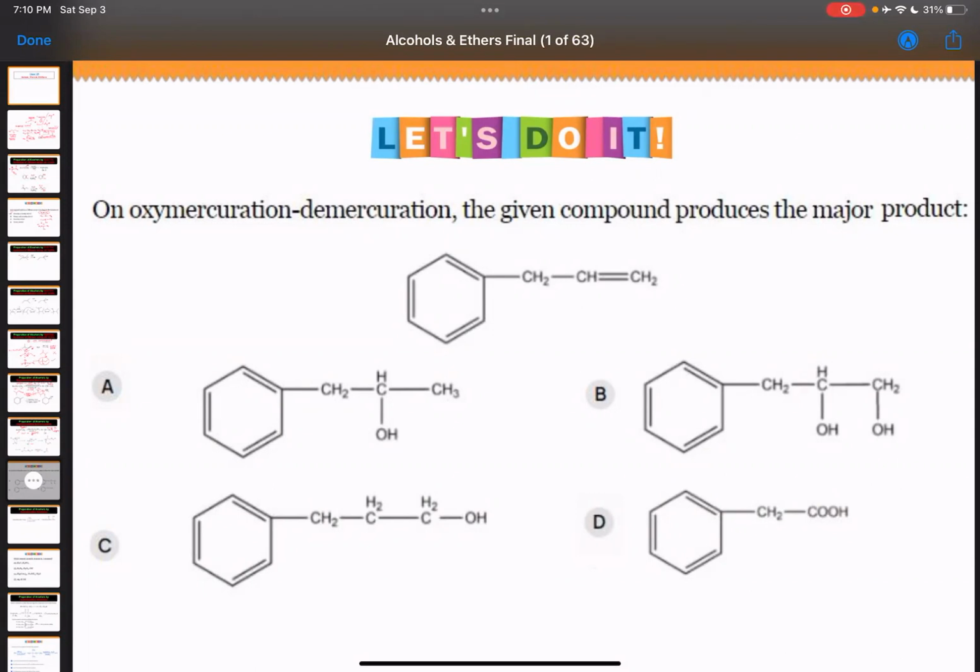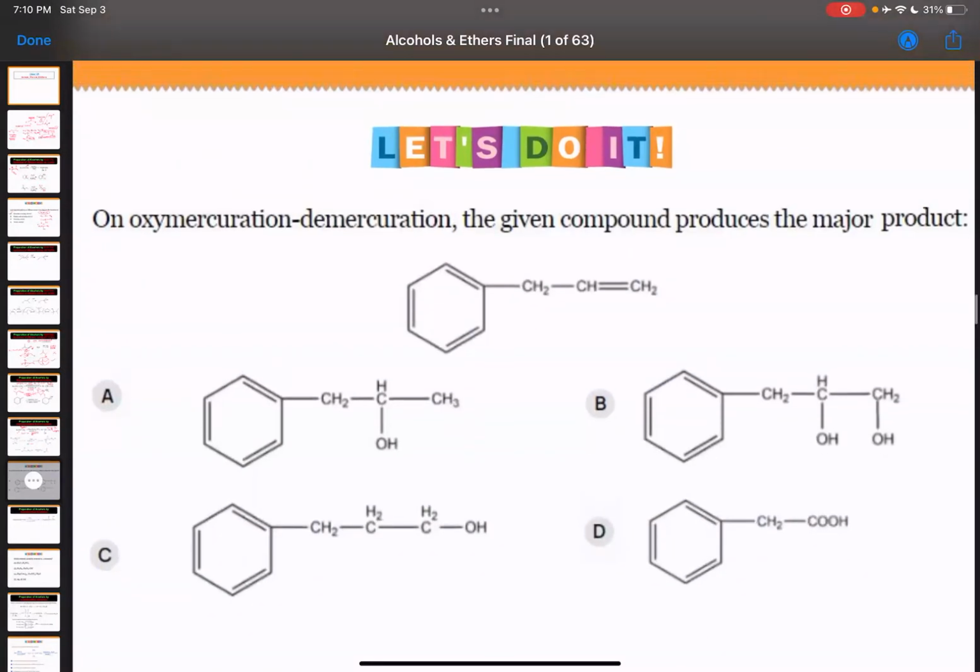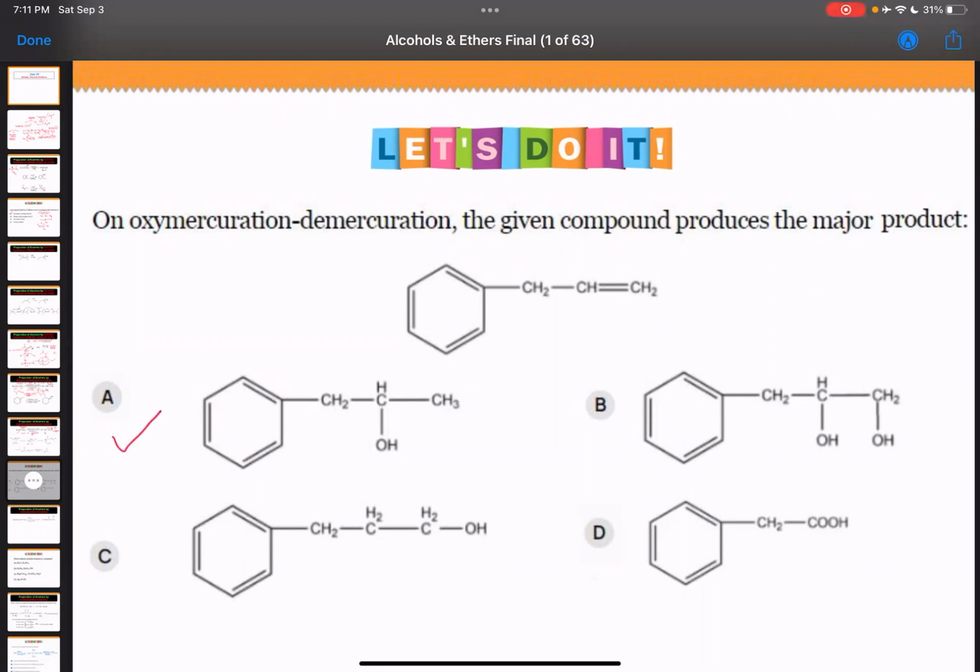So what's going to be the answer to this problem? Yeah. So A. Option A, correct. Right. Option A, because you just have to add H and OH.